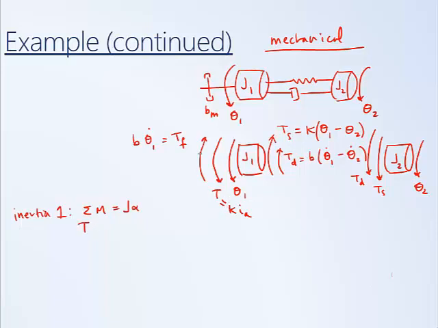We have the frictional torque in the opposite direction, and then we also have the spring torque and the damper torque in the opposite direction. And it's equal to J times angular acceleration, where the rotational inertia is J sub 1, and the angular acceleration is theta 1 double dot.